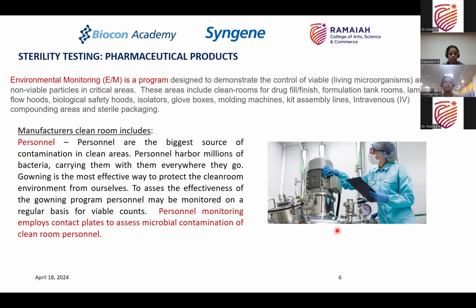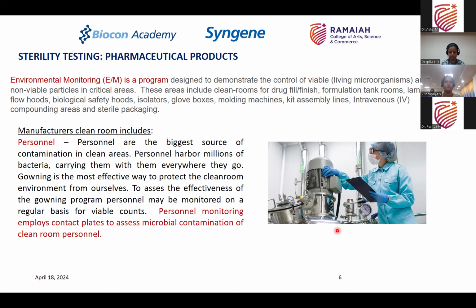How are we going to monitor these environments, and what are the things we have to monitor? One is the clean room, the area where we are working. How are we going to monitor this clean room? One is the personnel who go inside this particular clean room.